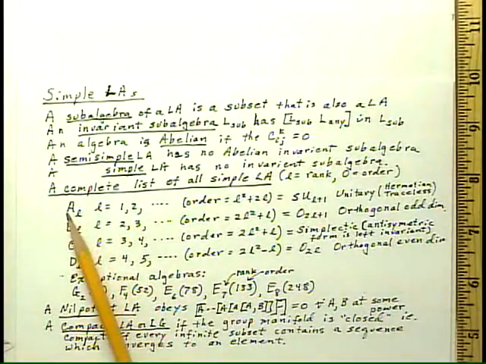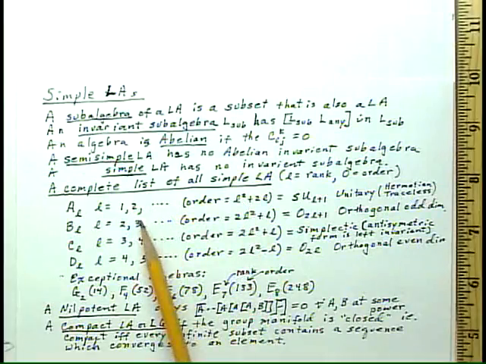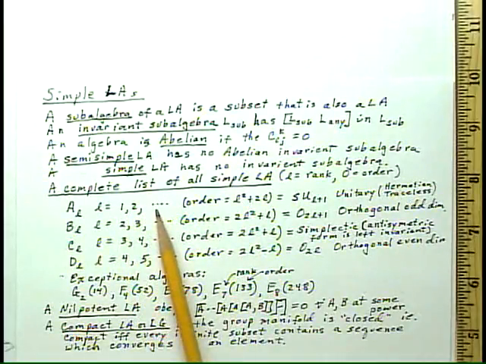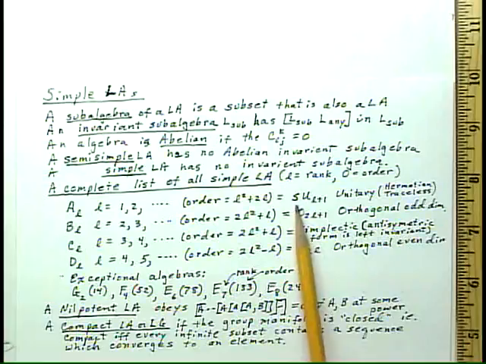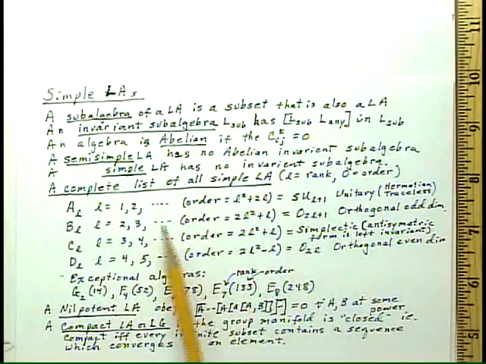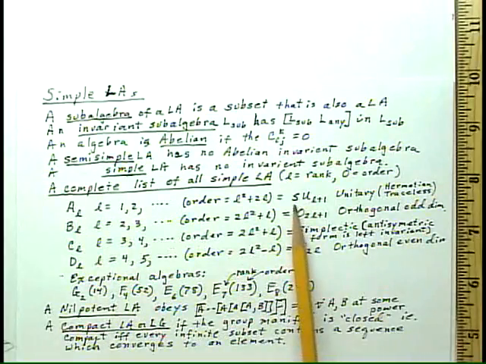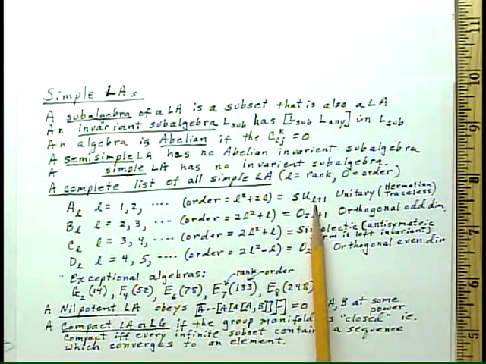The first of these, A_L, where L is 1, 2, 3, all the way up to infinity, is a whole sequence of Lie algebras that are the same as the special unitary group in L plus 1 dimensions. That means that L=1 corresponds to SU(2).